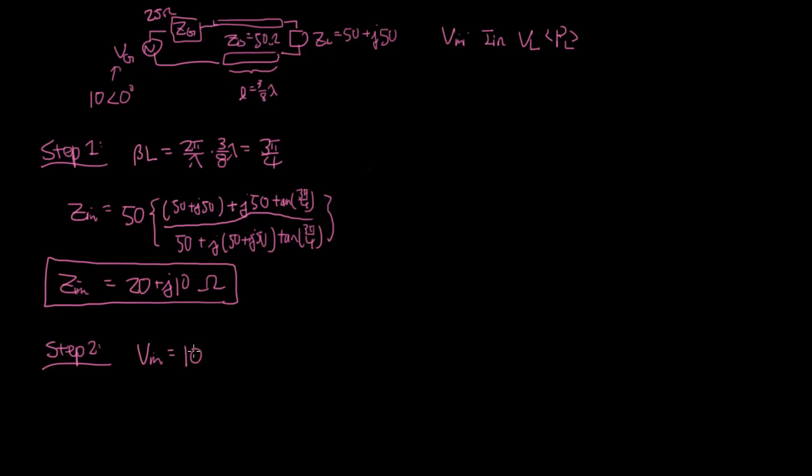The input voltage is 10, phase is 0, so e to the j0 is going to be equal to 20 plus j10 all over 20 plus j10 plus ZG, which is 25. And this is where the pretty numbers kind of die out, but if you punch those into your number crunching accoutrement of choice, you'll find that the amplitude is going to be 4.851 e to the j14.04 degrees volts.